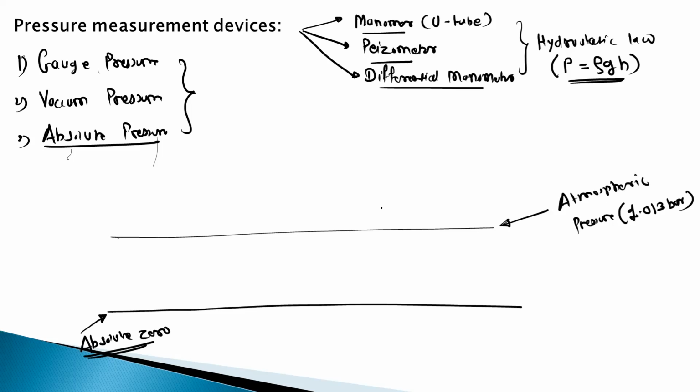If you measure the pressure above this line, let us take somewhere here, suppose we have this point as a point A, and we measure it with some pressure measurement device like a pressure gauge, then the pressure at this point is taken as a gauge pressure.